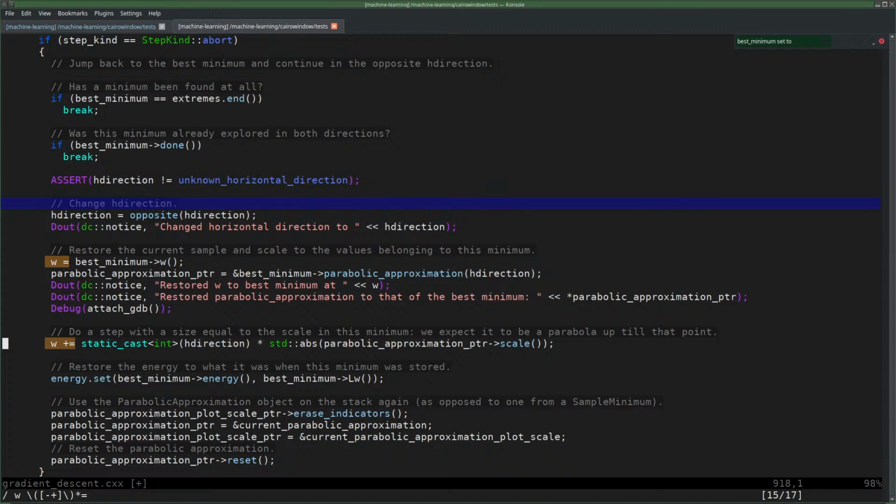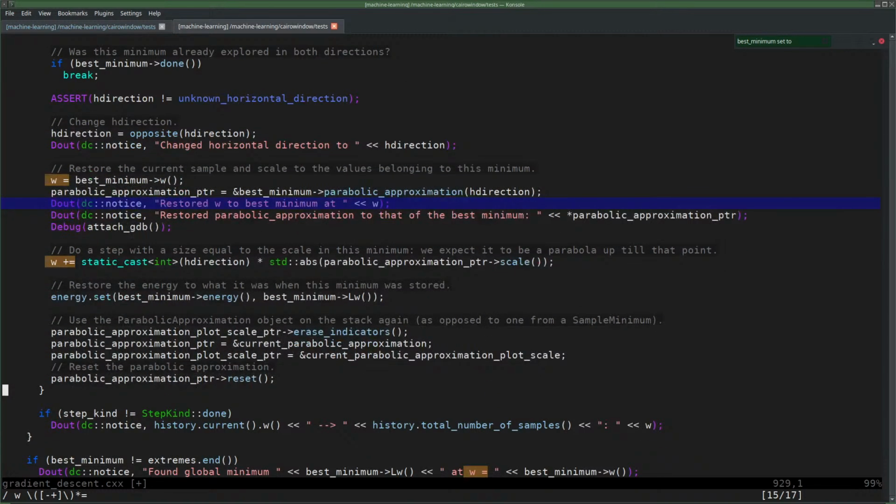Changes W away from that. Erase the indicators of the previous one. No, this just changed it. Oh, this is the plot scale. That wasn't changed yet.